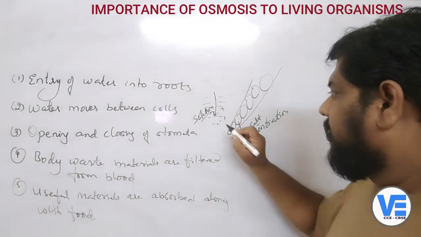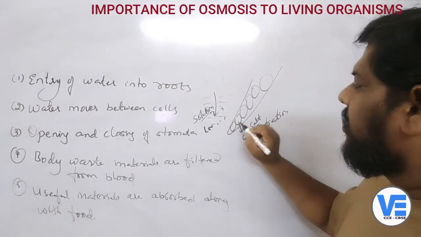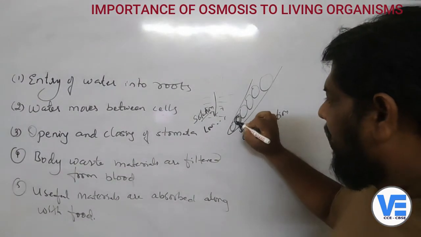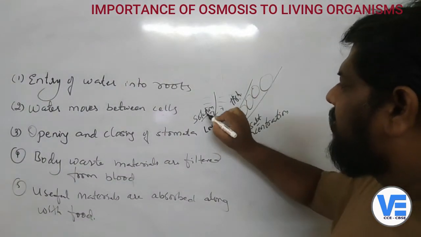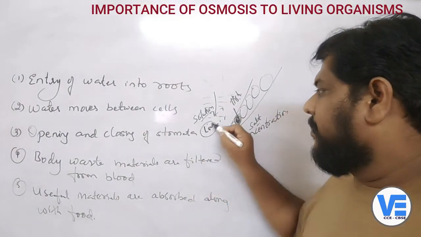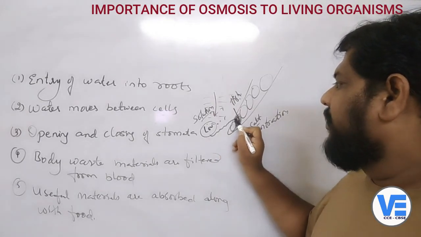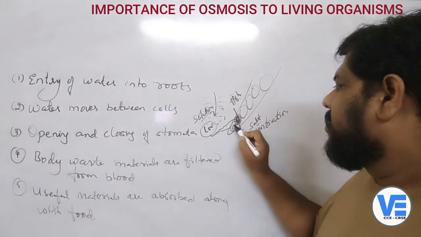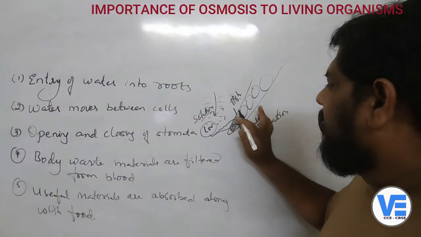This solution is in a low concentration because this cell is very small, and the solution which is here will be in the high concentration compared to the solution which is in the soil. So the movement of molecules from the lower concentration will start moving into the higher concentration. So what happens now? Okay, they have come to the higher concentration.